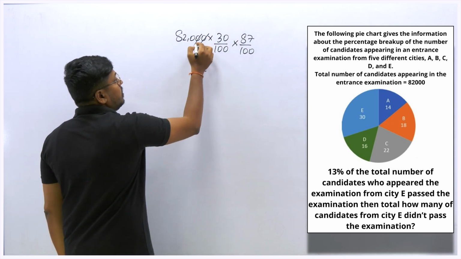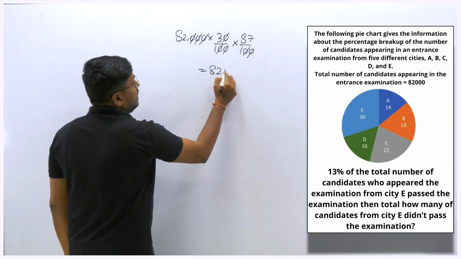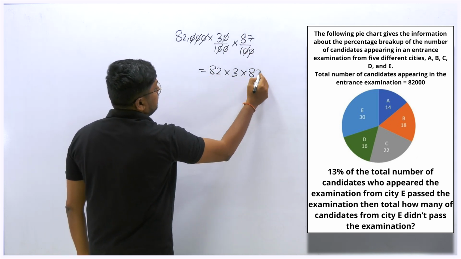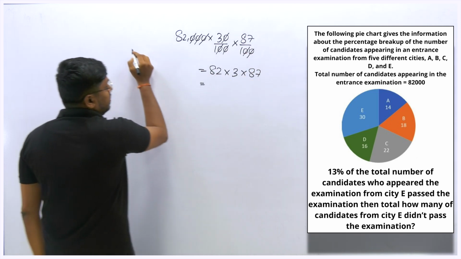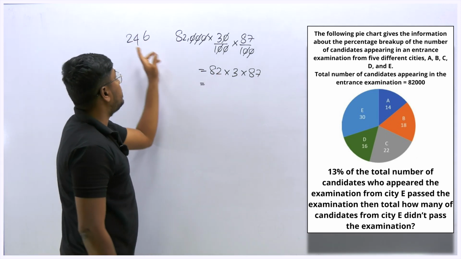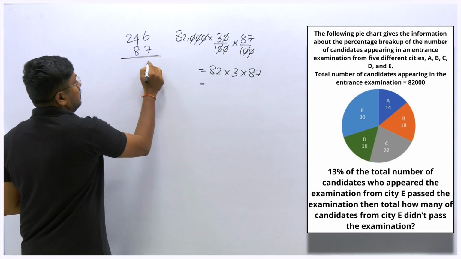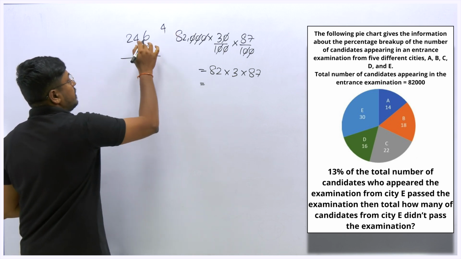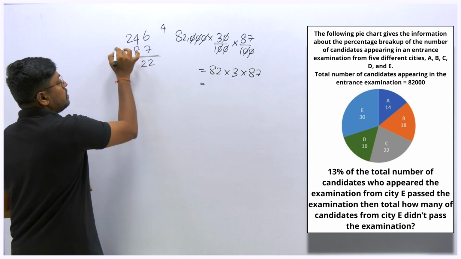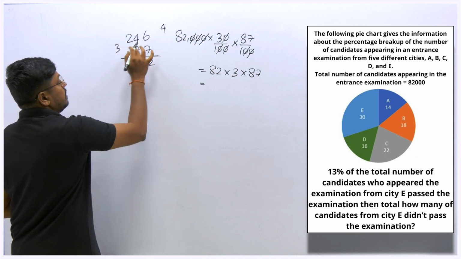So finally we have 82 into 3 into 87. So 82 times 3 is 246, right? 3 2s are 6, 3 8s are 24. Now you have to multiply with this number. 7 4s are 28, 32, so the remaining will be 3. 7 2s are 14, 17.